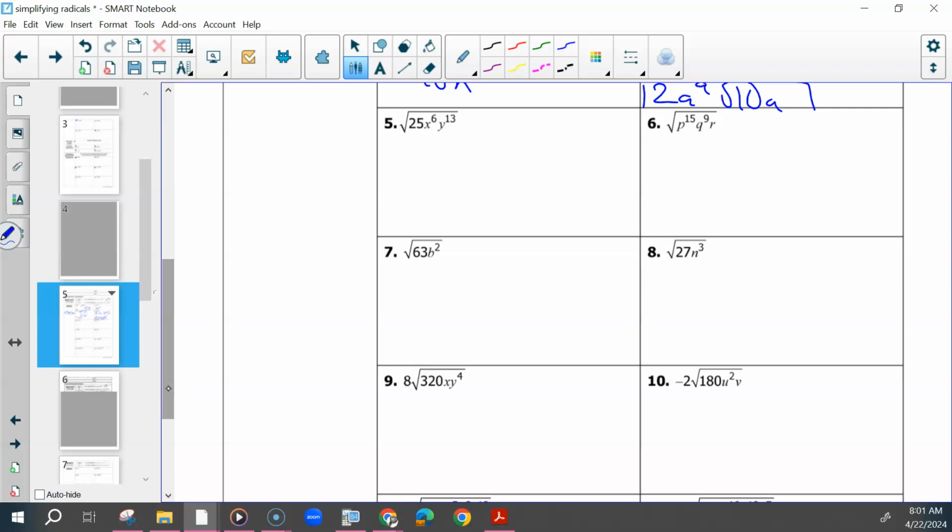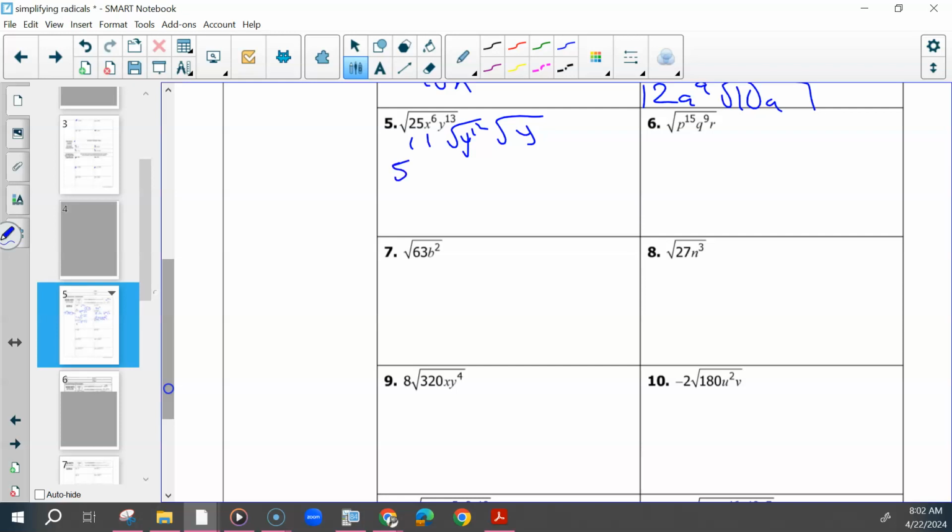Let's do 5. Is 25 a perfect square? Yes. So that's just going to be a number. We have something that's even, so again, that's just going to break down. This I'm going to separate into two things. What two things could I separate that into? Y to the 12 and this y. So the square root of 25 is 5.